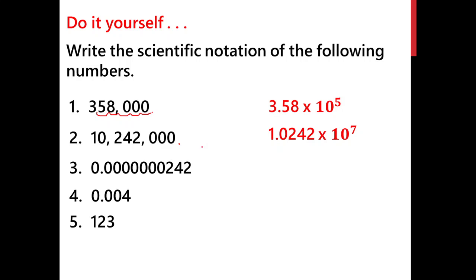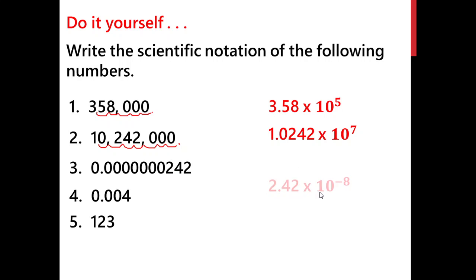So, it's here. And then let's count going back to its original point. So, that's 1, 2, 3, 4, 5, 6, 7. And since you're counting going to the right, it's positive 7. So it's basically counting the number of digits from your decimal point. Now here, notice that your decimal point is here, and then we need to transfer it here in between 2 and 4. Always in between 2 digits.